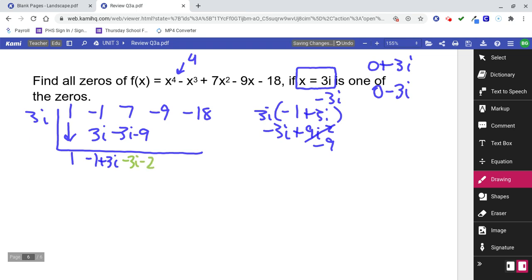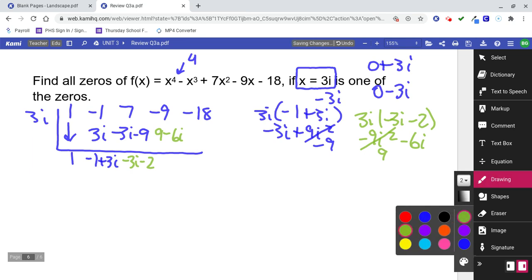And then I need to multiply again, so I'm going to multiply 3i times negative 3i minus 2. That's negative 9i squared minus 6i. Negative 9i squared is going to be positive 9, so that's 9 minus 6i. So now when I add straight down, it's kind of nice because those are going to cancel out.